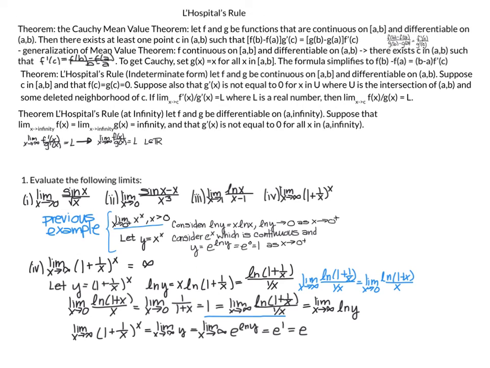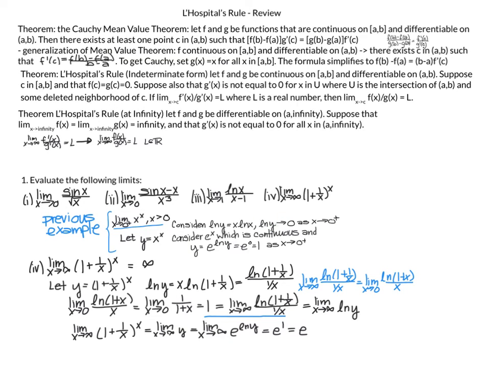For problem number 4, we're going to start like the previous example, where we were looking at the limit as x approaches 0 of x raised to the x-th power. We let y equal whatever it was we were raising to the power of x, and we considered the natural log of y, which let us bring down the x times natural log of x, and then we looked at natural log of y as x approached 0.